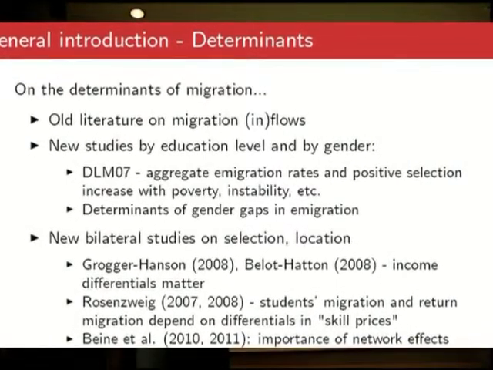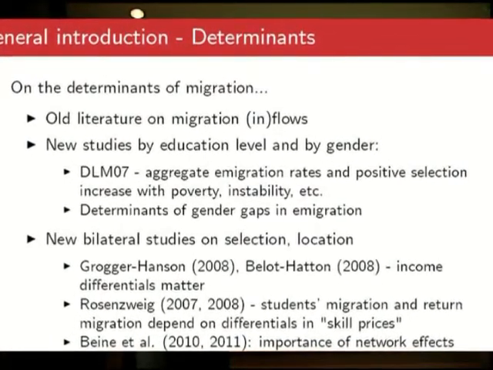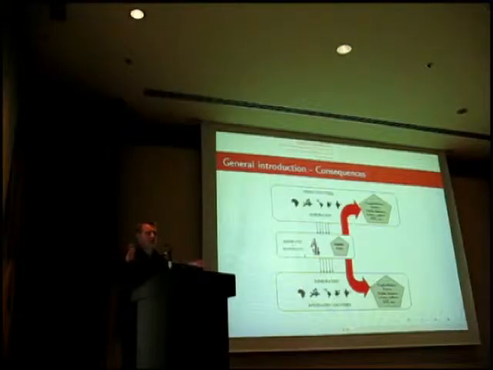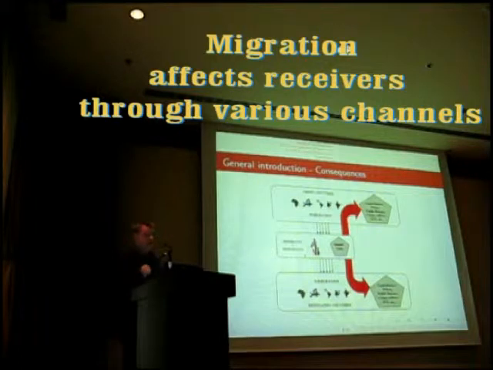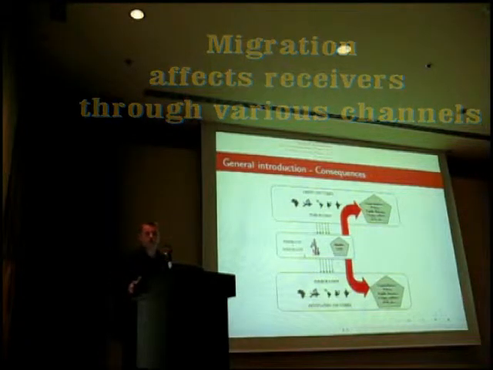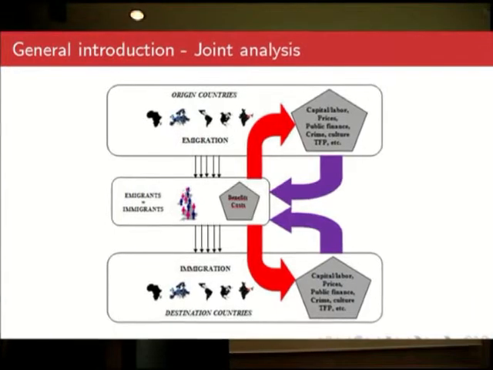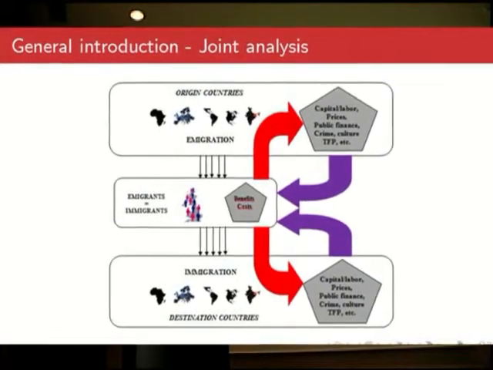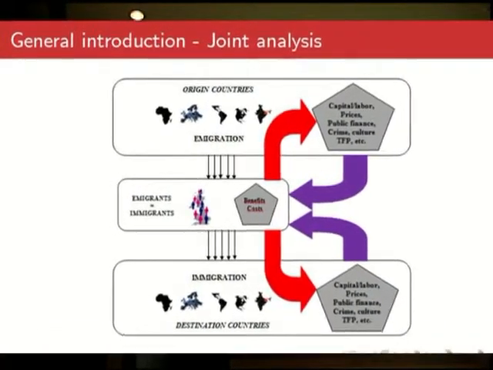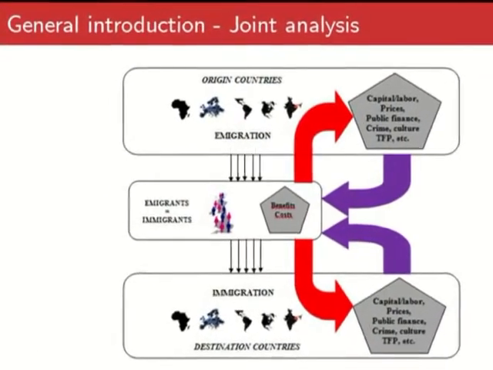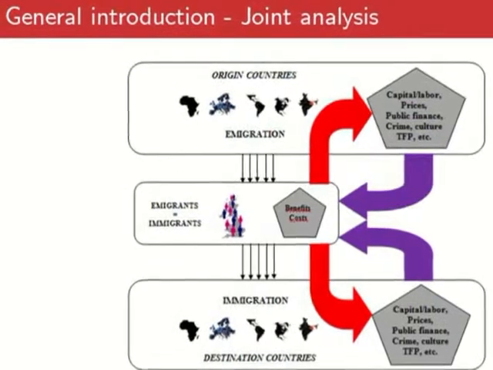So when you have good data, you can study how migration impacts sending and receiving countries, and you have a huge literature showing that immigration affects receiving countries through multiple channels. So immigration can affect the capital per worker ratio. You have more workers, and for a fixed level of physical capital, which is a nice assumption in the short run, and at least if physical capital is not perfectly mobile across nations, it affects the average wage in the economy and the interest rate.